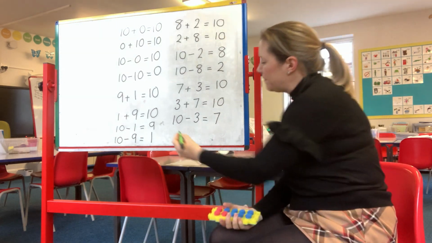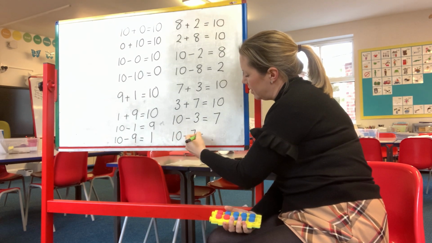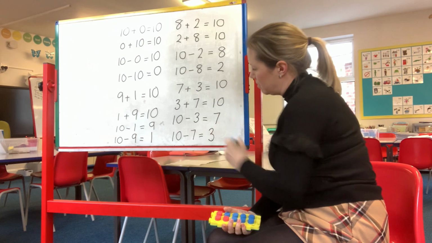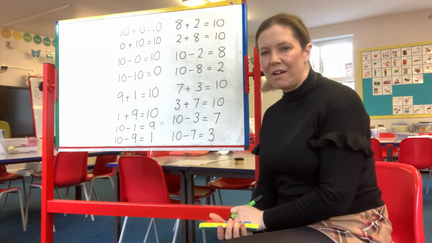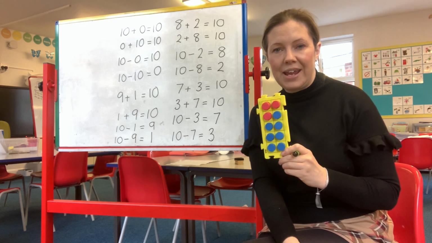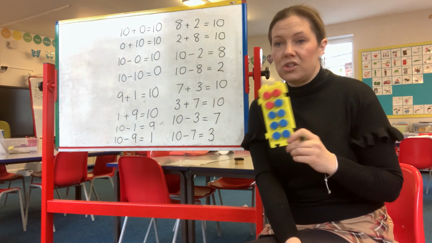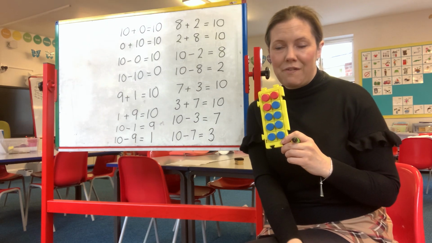So the fact that we found out now is 10 take away 7 equals 3. Okay, so we found out 4 different ways. There are other ways on your 10 frame of making 10, and lots more obviously subtraction facts that you can find with that.